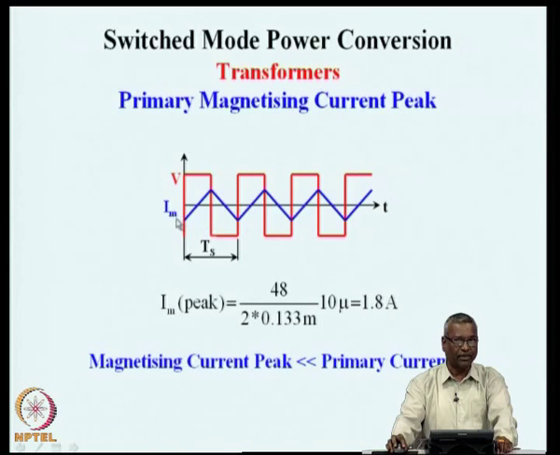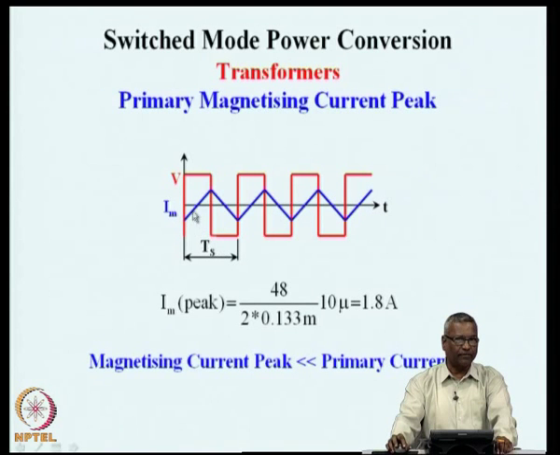When we are switching at about 50 kilohertz, Ts is 100 microsecond, Ton is 20 microsecond, Ton by 2 is 10 microsecond, the voltage is 48, and the slope of this is Im peak, both minus and plus, is 1/2 of that. 48 by 0.133 into 10 micro is about 1.8 amperes.